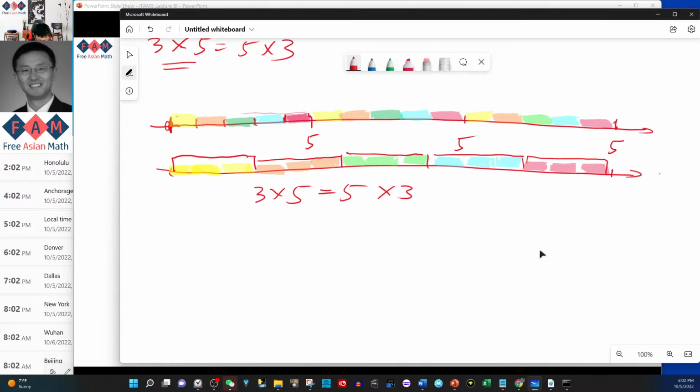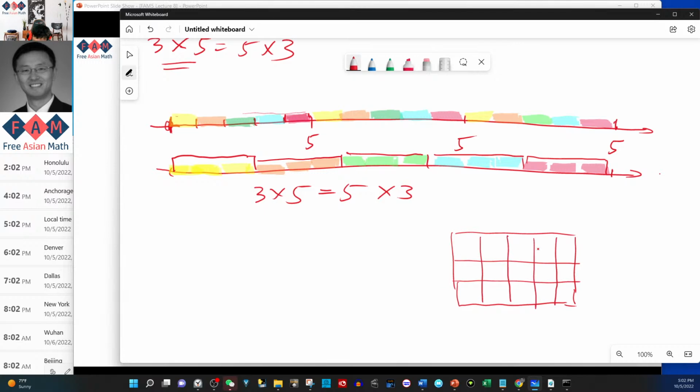For example, even for the commutative case, there's usually a great area explanation. Let's consider a rectangle. If 3 times 5 is something like this, depending on whether you want to use the length or the width as 3 or 5, it doesn't really matter.